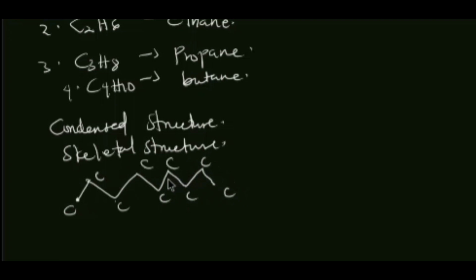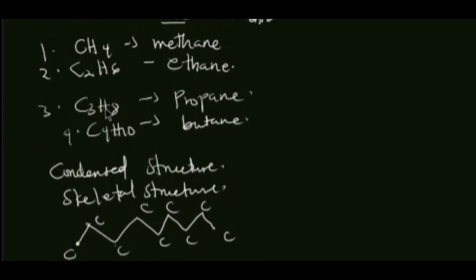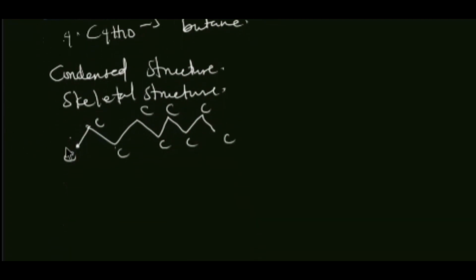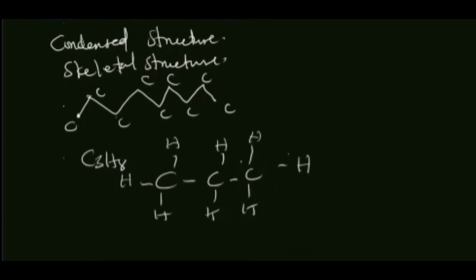So let's see. Assuming we have C3H8, where we have 3 carbons, the open structure is C, C, C, like this. Then the H, they are 8 in number. So here is H, here is H, here is H, here is H, then here is H, making 8 hydrogens.